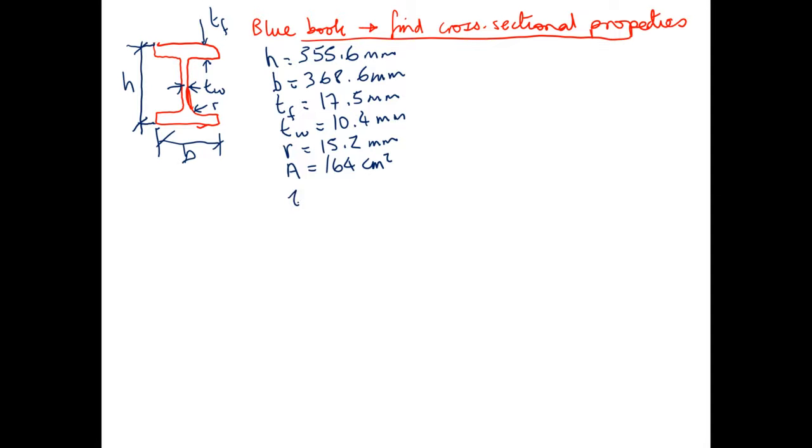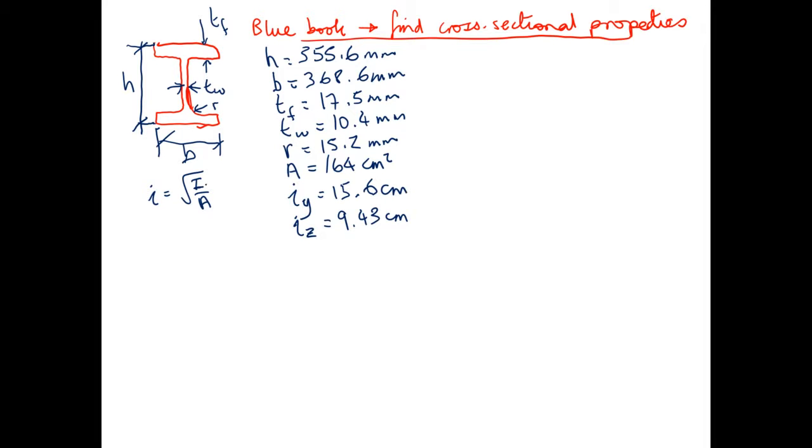And what else might we need? We might need the radius of gyration about the major axis, which is 15.6 centimeters, and the radius of gyration about the minor axis, which is 9.43. As you'd expect, the radius of gyration i is equal to the square root of the second moment of area divided by the cross-section area.